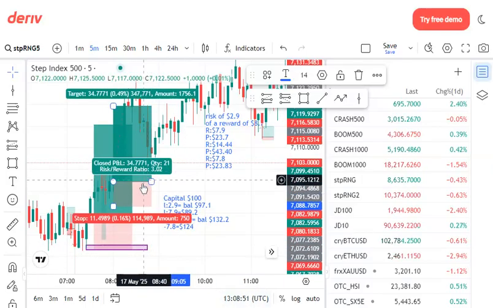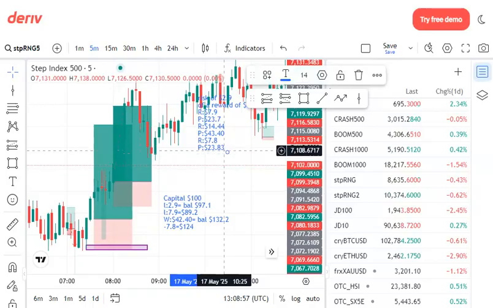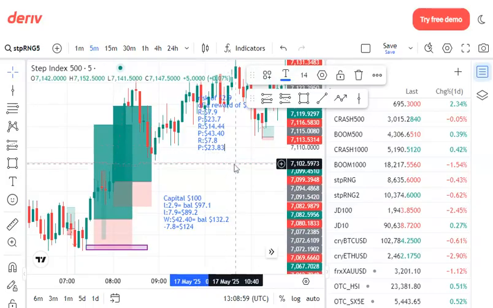And then we have another trade here. We have another trade.